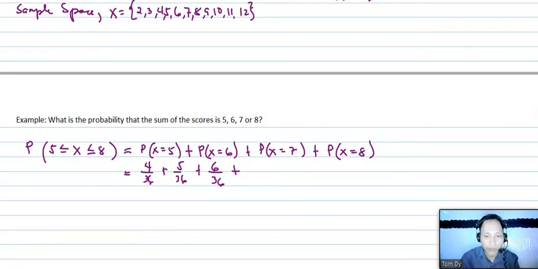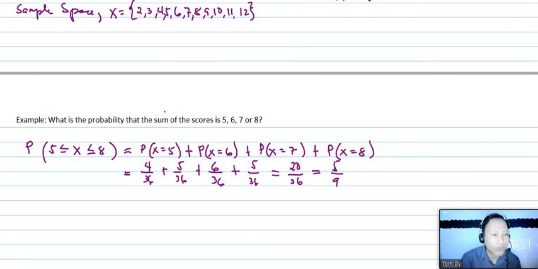When we sum this up, 4 plus 5 plus 6 plus 5, we arrive at 20 over 36, and this is factorable by 4. Divided by 4, that is 5, and divided by 4, that is 9.